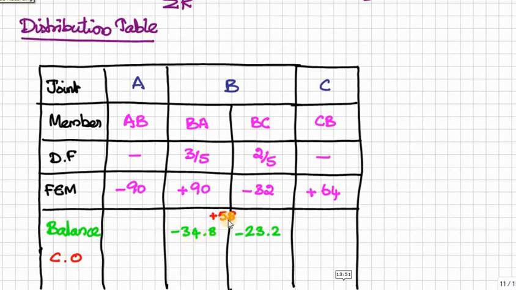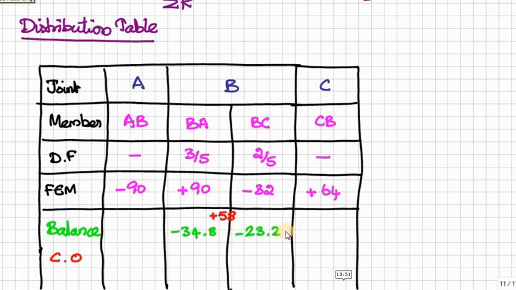Similarly, minus 58 into 2 by 5 is equal to minus 23.2. Is balanced. Now, if you sum up all the moments at B, we will have zero moment. That's what balance. So, in balance step, we will have all the joints in equilibrium condition.